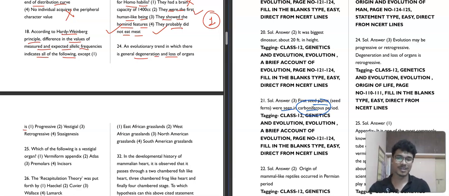So that should not be progressive. Vestigial means which is of no use, but if you are losing your organs, so this is your hand. If you lose this, you do all the work with this hand. If you lose this tomorrow, then what kind of evolution will it be? Not tomorrow, it will take millions of years. So it is retrogressive evolution. So the third option will be our correct answer for this question.